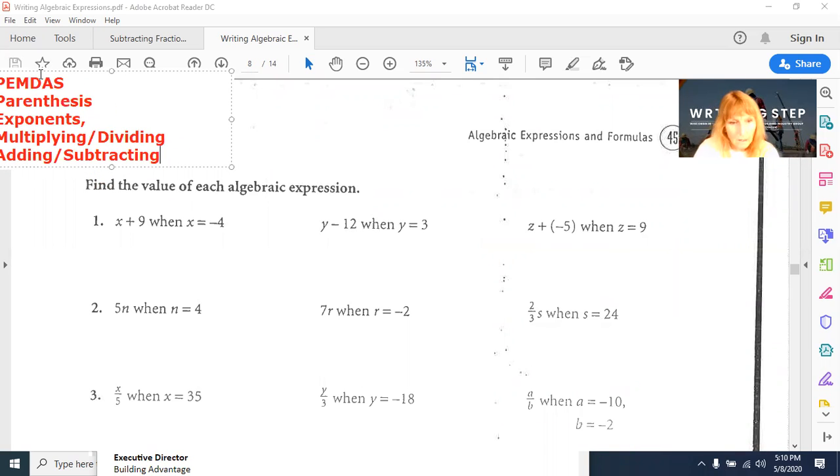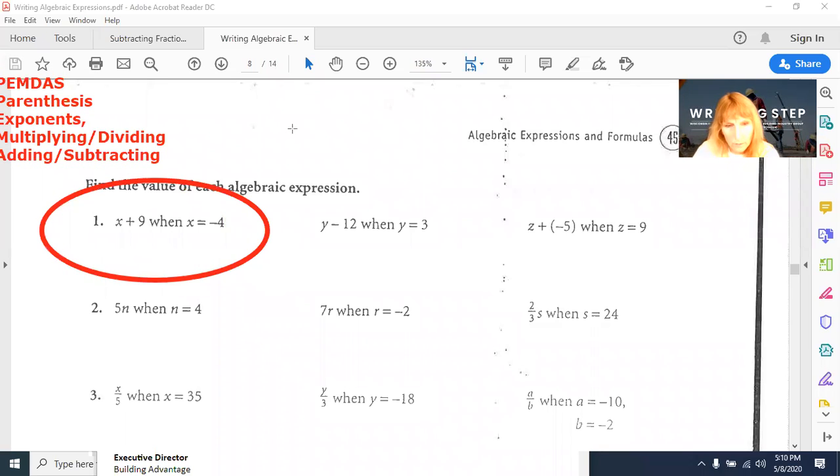Find the value of each algebraic expression. I would like to do number 1 to start with. It tells you x is equal to -4. So I am on this one right here. We are just going to substitute in -4 for x. Don't get too tricked on this because remember when you had the packet on positive and negative numbers, there's a lot of that in algebra.